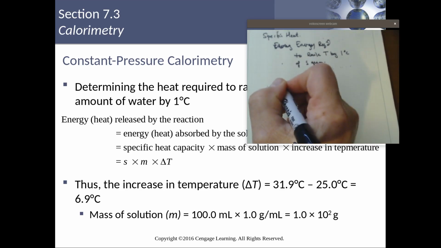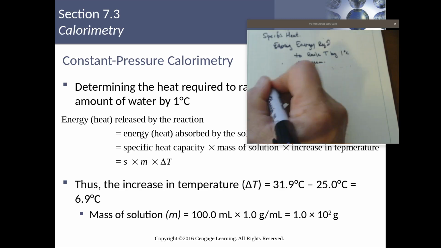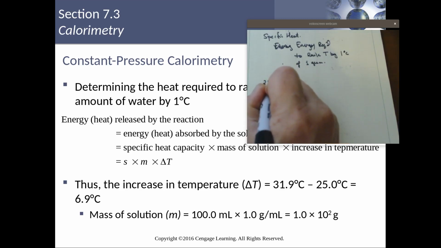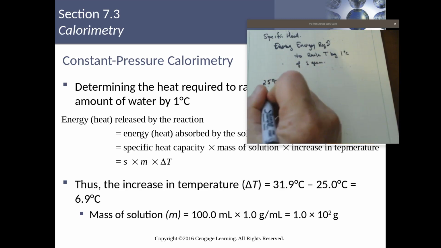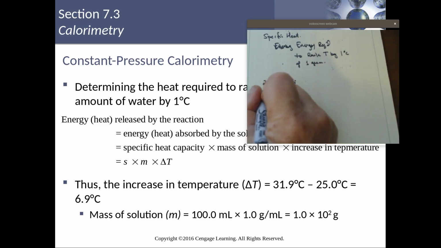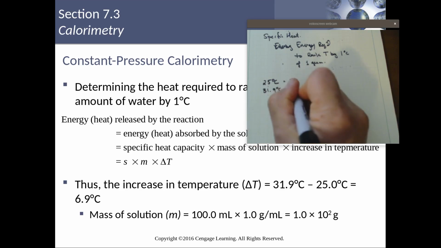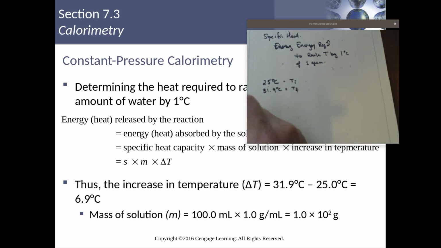So the experiment that we did went from 25 degrees Celsius. This was my T initial, and you observe this at the final temperature of 31.9 degrees Celsius. I have 100 milliliters of solution.